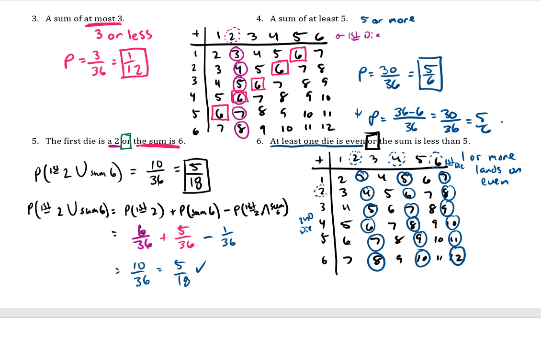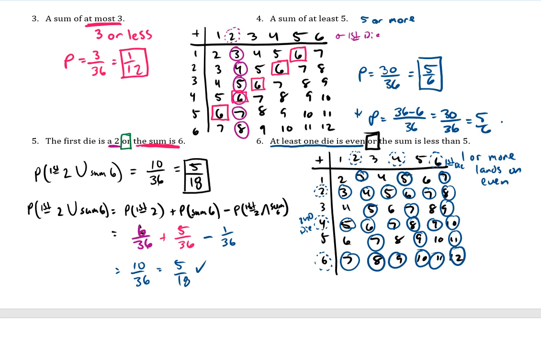So the second die could land on even. So that's these 3, and we just circled a whole row. 4 is already circled, so I'm just going to leave it circled once like that. And then we've got our next ones, and our last row. Okay, so most of this table is entirely circled.